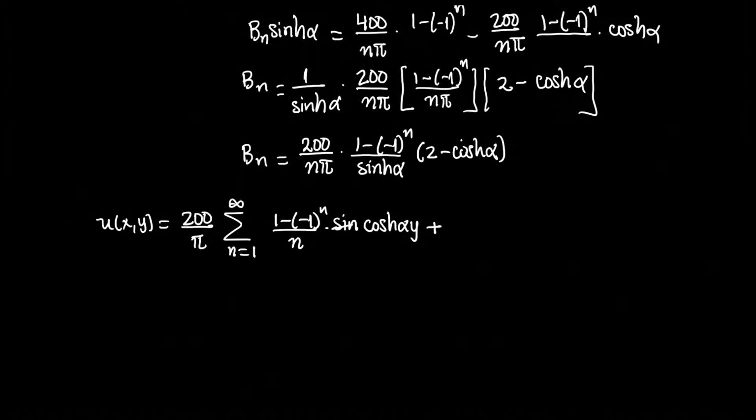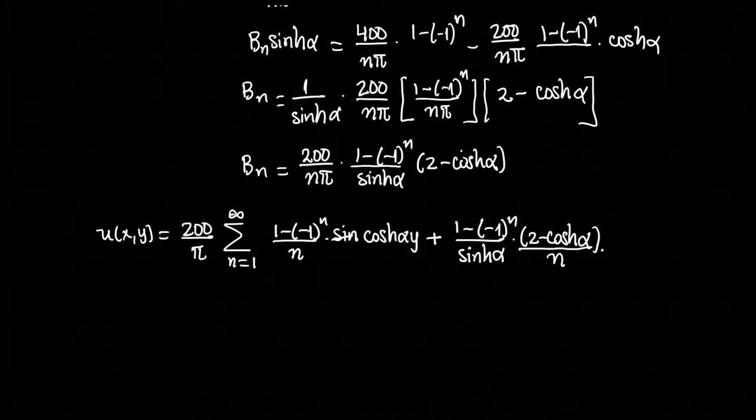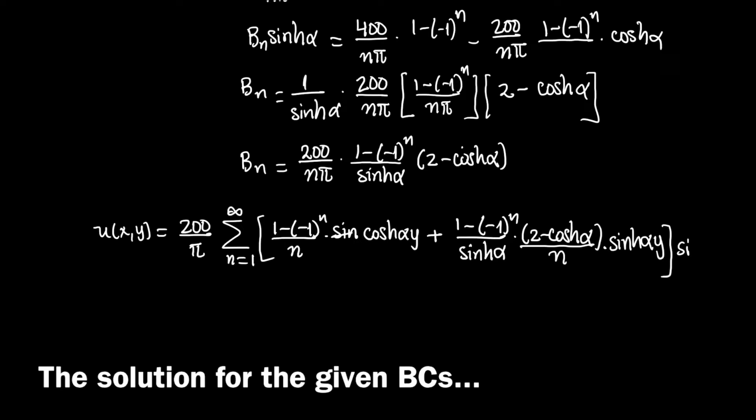You remove this and the pi, and you are left with 1 minus (minus 1) to the power n over hyperbolic sine alpha times 2 minus cos hyperbolic alpha, divided by n, times hyperbolic sine alpha y, and all of that has to multiply sine n pi x.